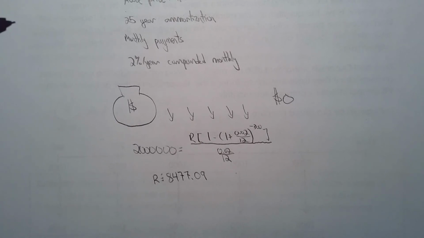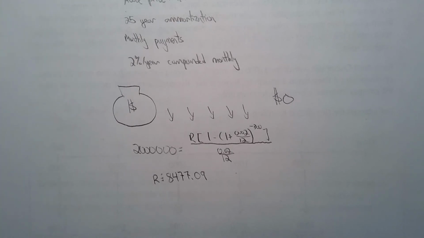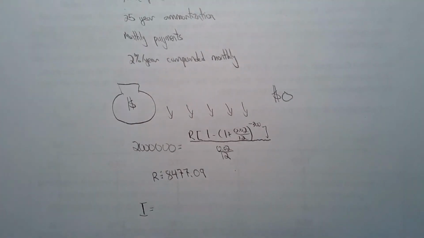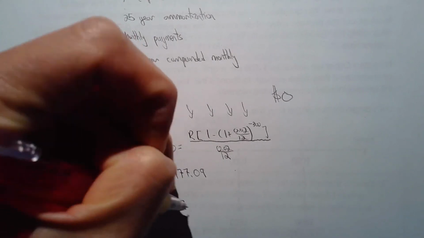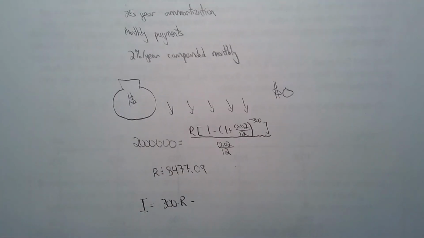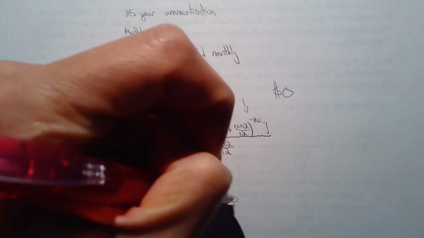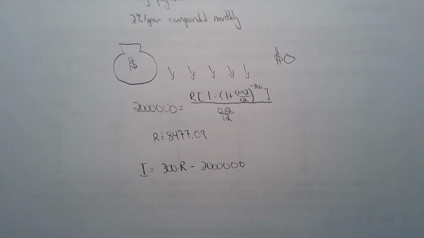Oh my gosh. And remember, every time you buy a house or a car, or whenever you talk about a loan, you should always calculate the cost of borrowing. To break your heart even more, we calculate the interest that you paid on this loan. You made 300 payments of $8,477.09, which is a lot more than 2 million. The question is how much more?